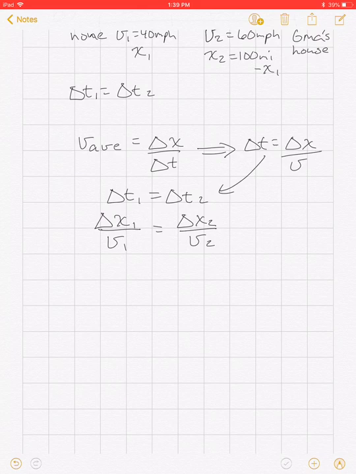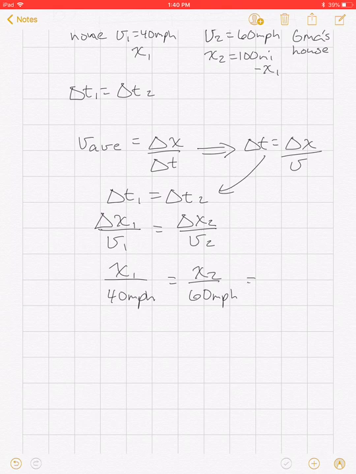Okay? Well, the distance in the first part, we called that x1. The velocity in the first part was 40 miles per hour. That has to be equal to x2 over 60 miles per hour, but remember we said that we don't want two unknowns.